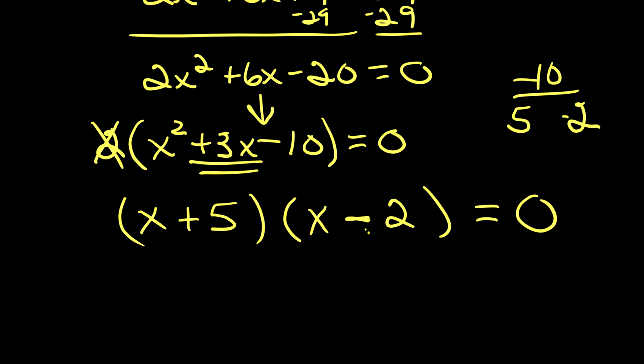And now we can answer the problem. For this x plus 5, x will have to equal negative 5. And for this value here, let's see, did I do that right? Negative, yeah.